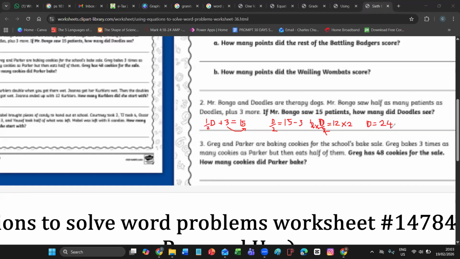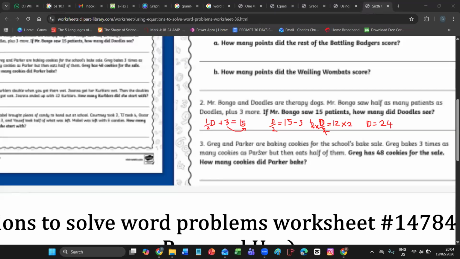So let's look at it again. They're baking cookies, blah blah blah. Greg bakes 3 times as many cookies as Parker. Okay, but eats half of them. I'm interested to know how you will represent this. So how would you represent this? 3 times half.